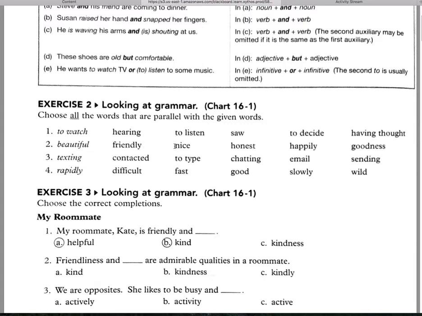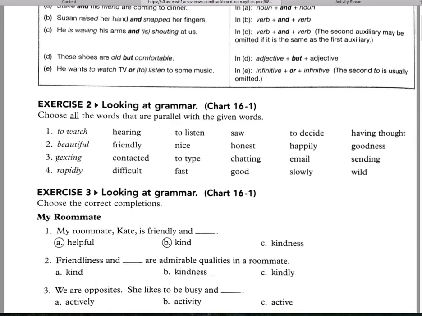Is nice an adjective? Yes. Is honest an adjective? Yes. Happily an adjective? No. Goodness an adjective? No. So, for the adjective beautiful, the other parallel structure words would be friendly, nice, and honest.